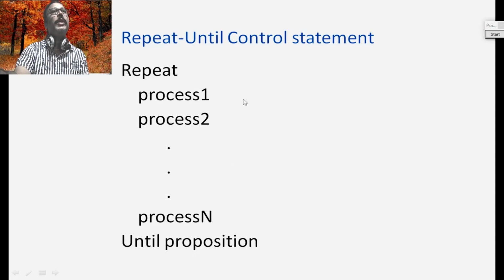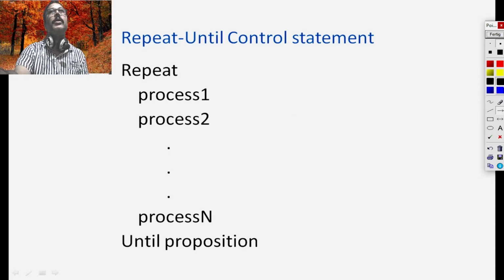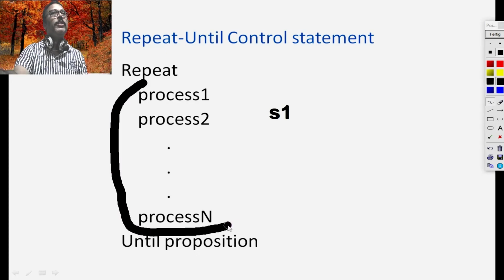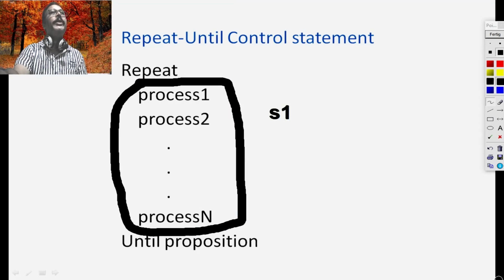All put together there can be only one statement, say S1, or individual statements S1, S2, etc. You put all these statements within this repeat and until. Whatever statements you put here will be repeated. It can be a single statement, or 5, 10, or 20 statements, doesn't matter. Whatever you put here will be executed.